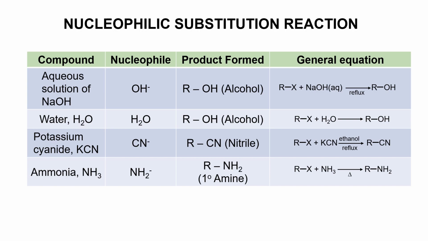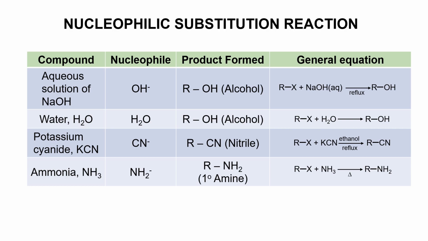So the first reaction involves aqueous solution of sodium hydroxide, where hydroxide ion is the nucleophile. The product formed is alcohol. So this is the general equation for the first reaction. Second, we have water as the compound, so the nucleophile is H2O. The product formed is alcohol, and this is the general equation for the second reaction.